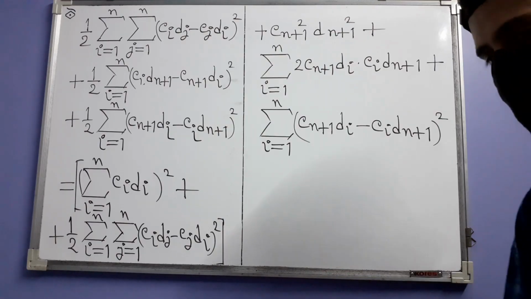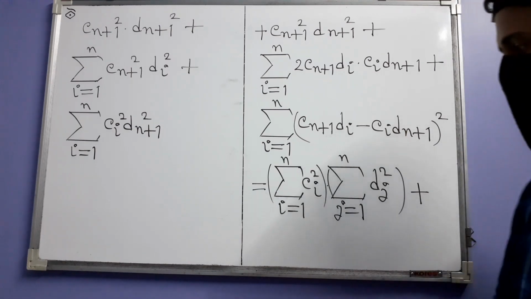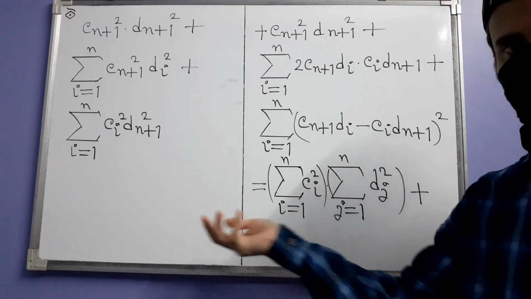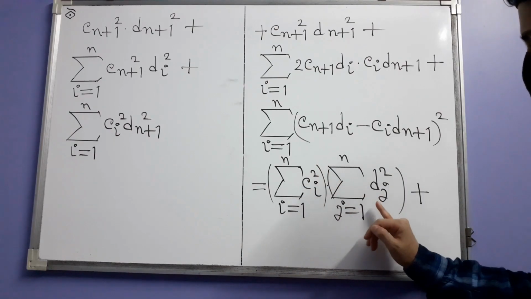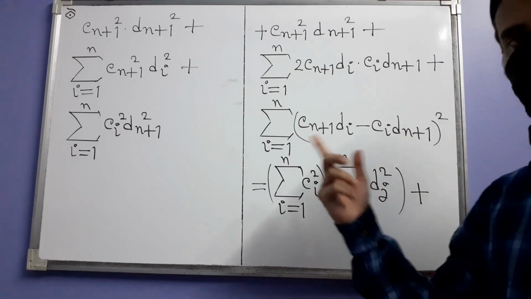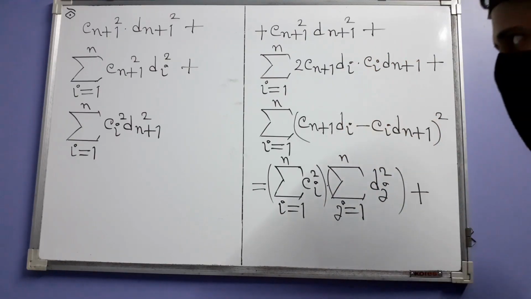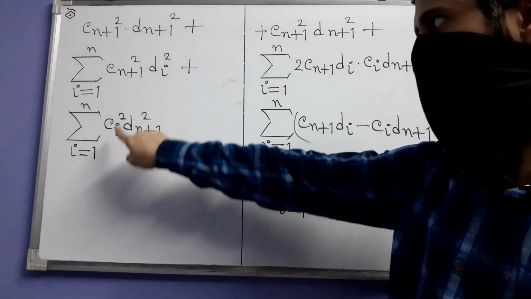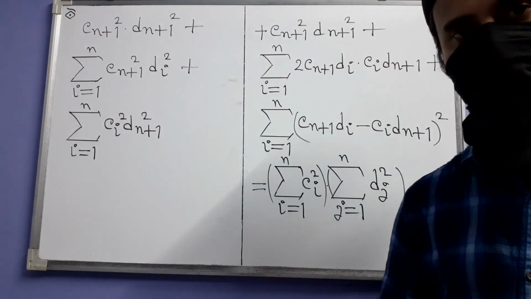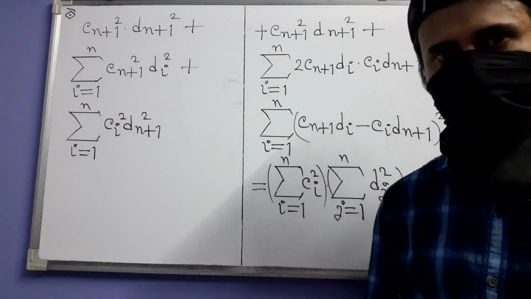So then what shall we get in the next step? In this next step, this part of course, as I said just now, comes from the induction hypothesis. Summation Ci square times summation dj square, where i and j both vary from 1 to n, plus. So we expand these squares, those cancellations happen, and we write the square terms like this as two sums, which we can of course do because addition of real numbers is commutative as well as associative.